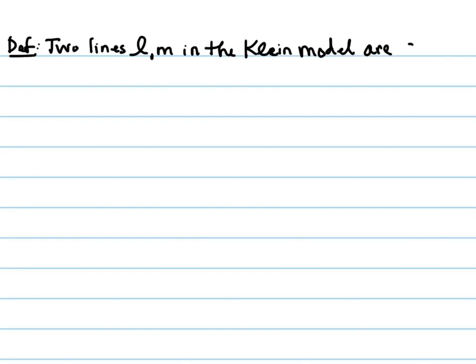Two lines, L and M, in the Klein model are said to be perpendicular if either of these cases hold.